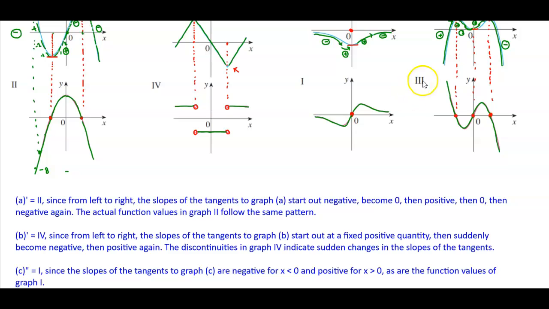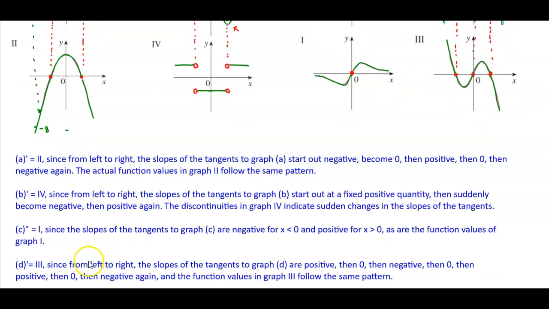So we can see that D matches 3, and since going from left to right, the slopes of the tangent to graph D are positive, and then it goes to 0, and then negative, and then to 0, and then positive, and then to 0 again, and then negative again, and then the function continues to decrease.